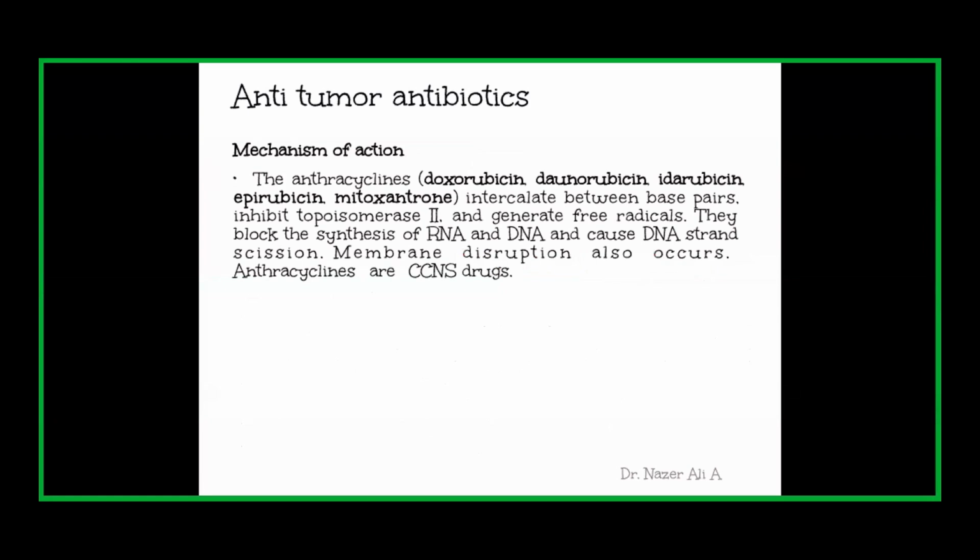And then we have certain drugs called anti-tumor antibiotics, which are commonly referred to as anthracyclines. These anthracyclines act by a mechanism called intercalation. What is intercalation? It is a process by which the drug inserts itself between the adjacent DNA pairs.